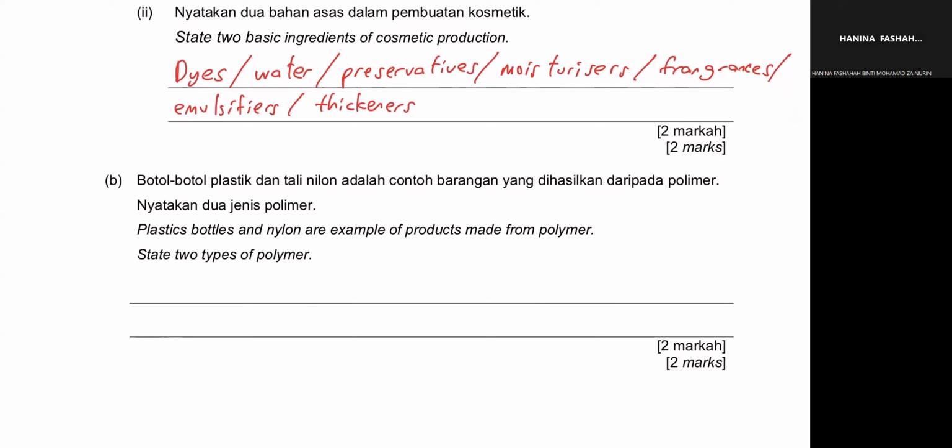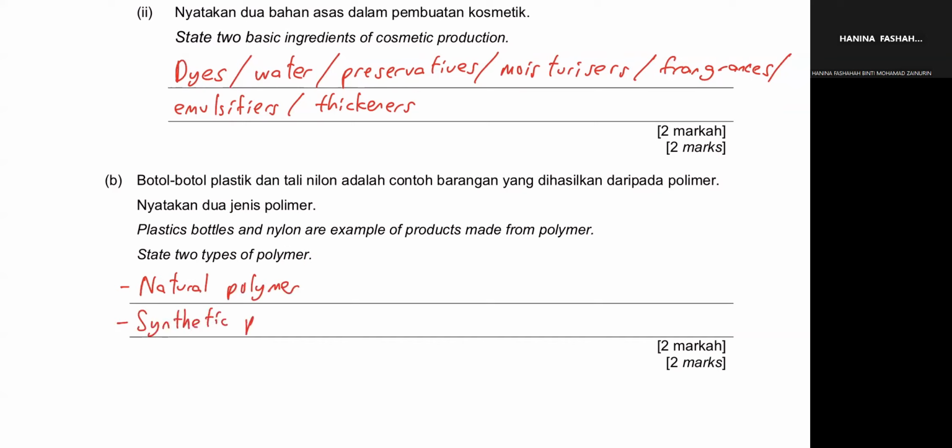Actually this answer should be two types of polymer. No, addition and condensation are types of polymerization. This one is type of polymer. You can write either natural polymer or synthetic polymer.